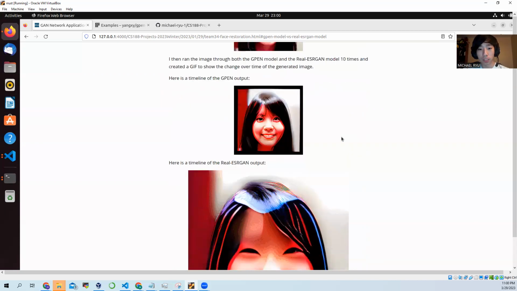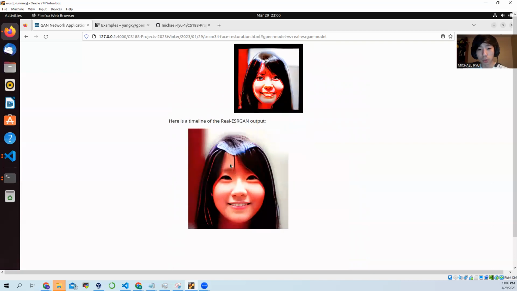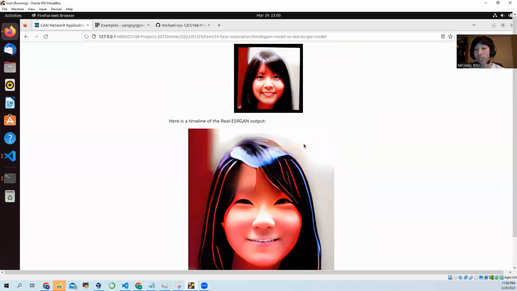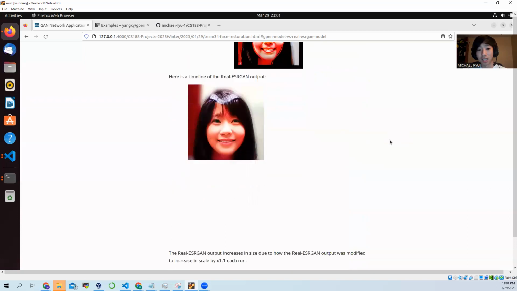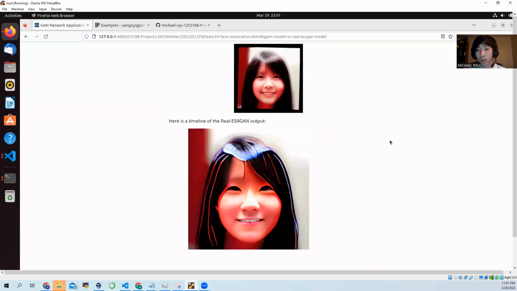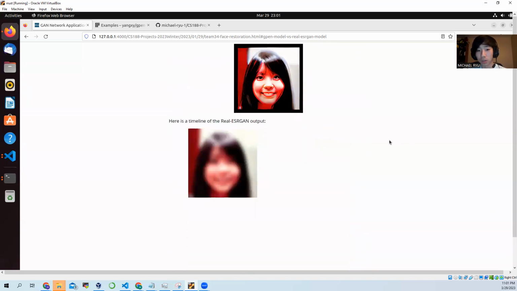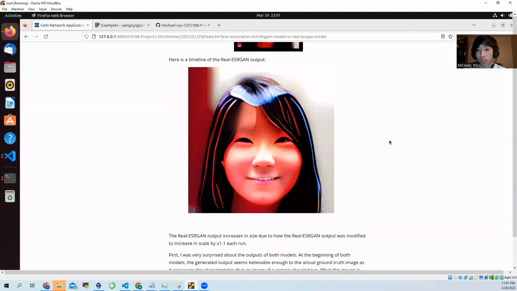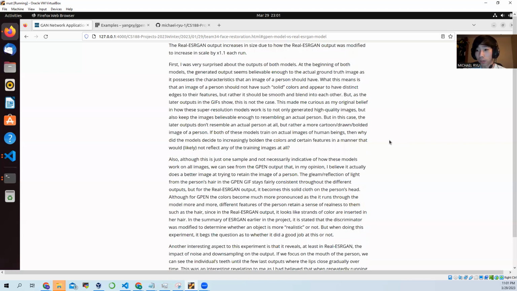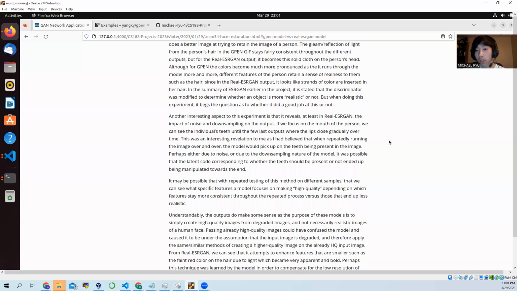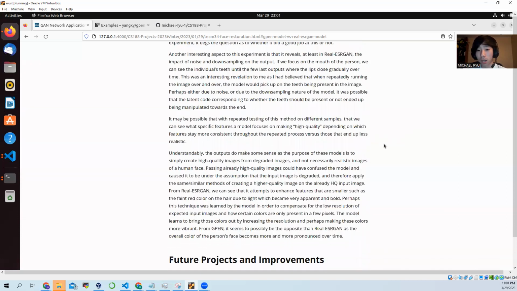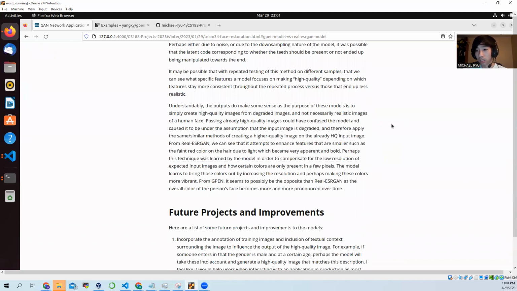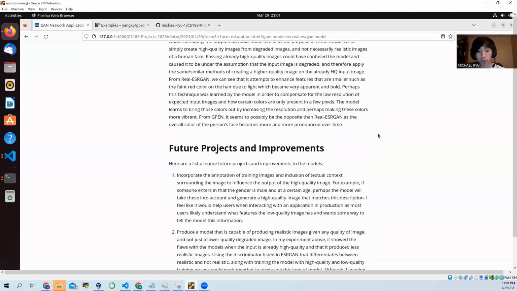But as I can see from my experiment, running it multiple times definitely did not create anything resembling a human. It created something more like a cartoon block style, and I went over why this might have happened, as well as what this could tell us about how these different architectures work, their inner workings, and how they enhance the quality of the image they're given.